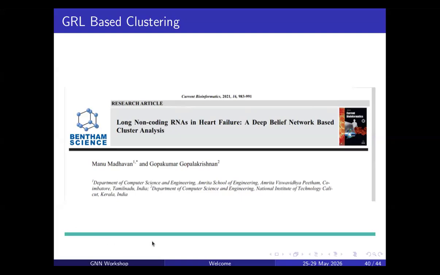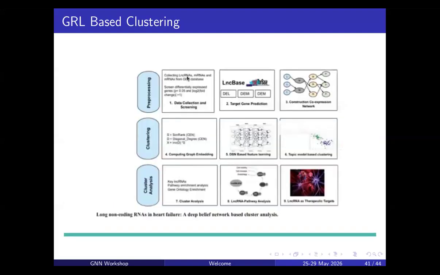We take it as a case study, to learn how these LNC RNAs work in heart failure. We take all the associations of LNC RNAs and heart failure related diseases and prepare a graph. So this is the idea.